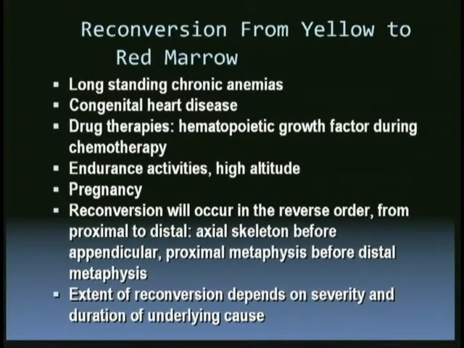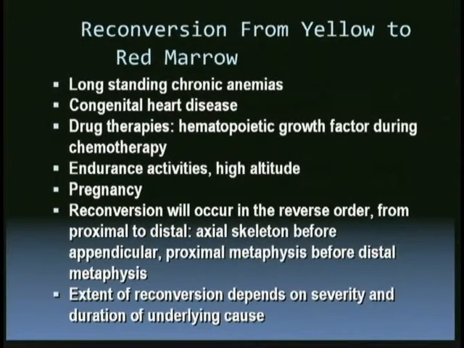So reconversion from yellow to red marrow occurs commonly in long-standing chronic anemias. Also in patients with congenital heart disease, and patients who are taking drug therapies such as hematopoietic growth factor that is given during chemotherapy to decrease the time the patient has myeloid depletion. Patients who do endurance activities, such as those who train for marathons, often have an increase in the red marrow.